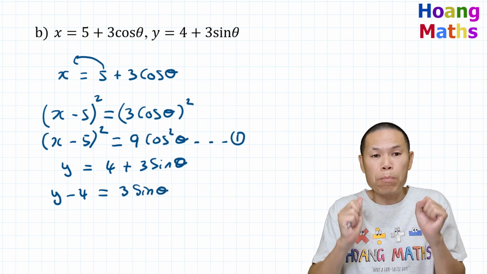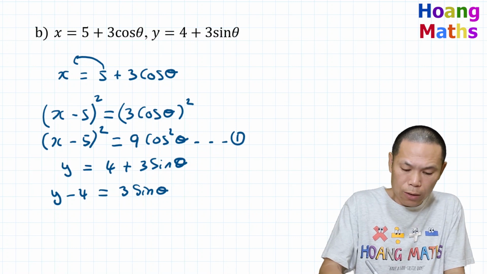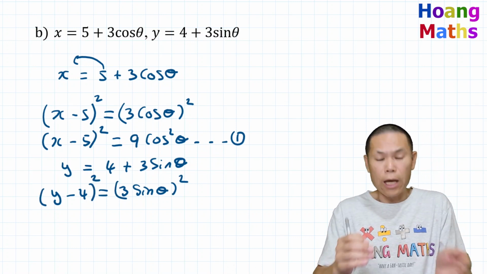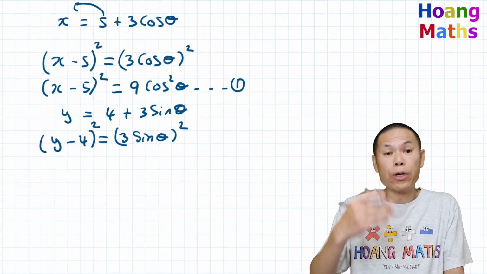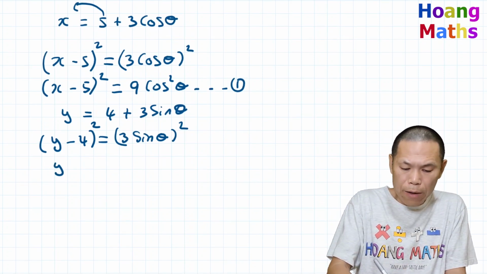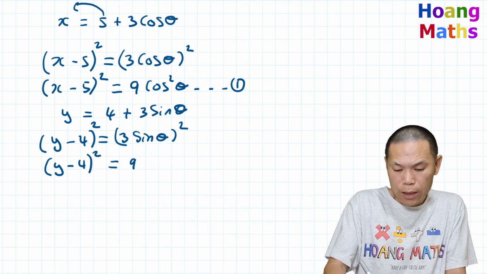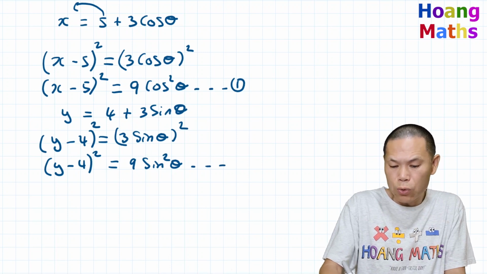Let me square both sides, so I square this and I square this. Then (y minus 4) squared is equal to 9 sine squared theta. Let's name this equation number 2.